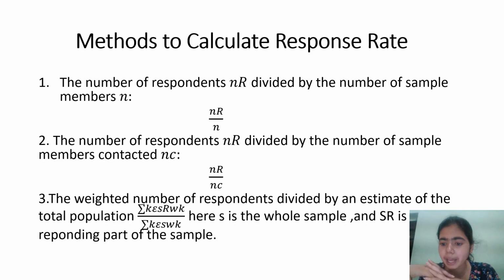The first method to calculate response rate is the number of respondents nr divided by the sample number n. The second method is the number of respondents nr divided by the number of sample contacted, nr by nc. And this is the third method. By these methods we can calculate the response rate.